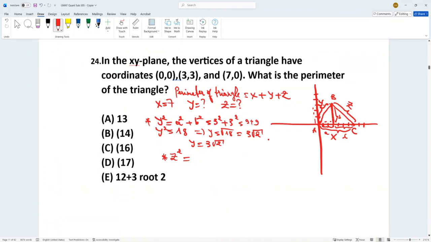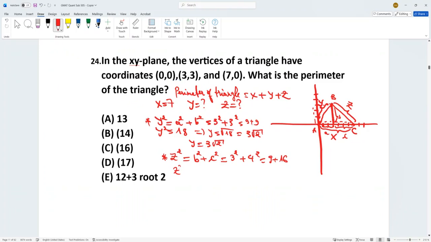So now, using the theorem, we can say that z squared is equal to small b squared plus small c squared. We know the value of b, which is 3, we square it, and the value of c here is 1, 2, 3, 4 units. So 4 squared, which is 9 plus 16.